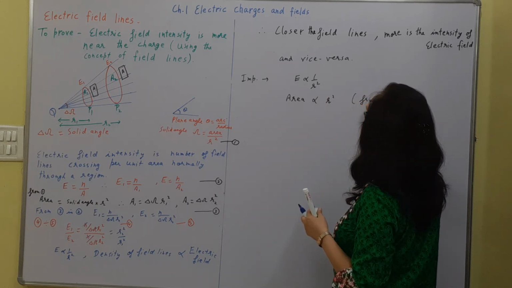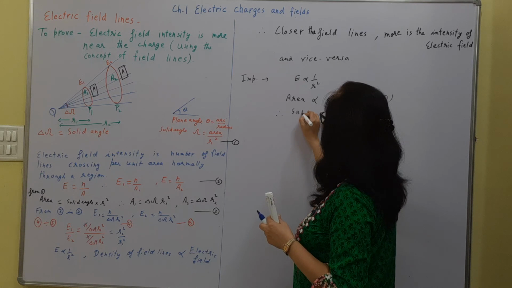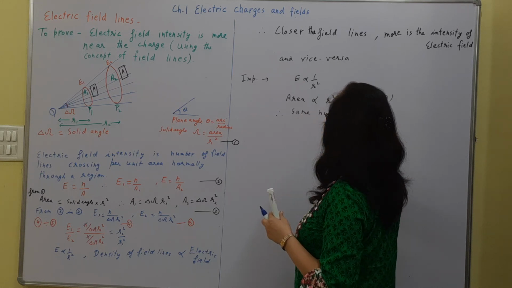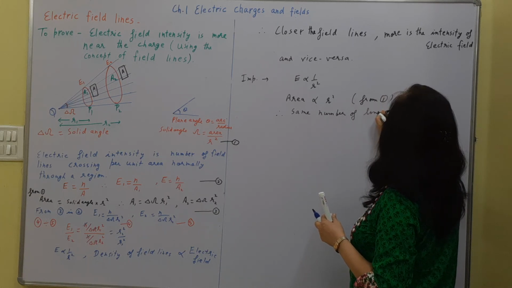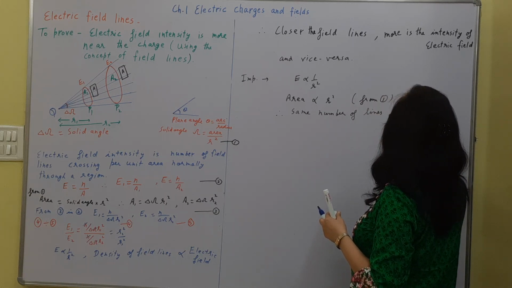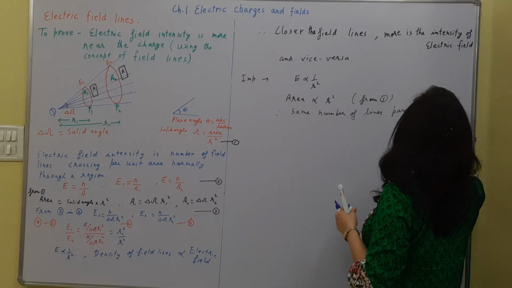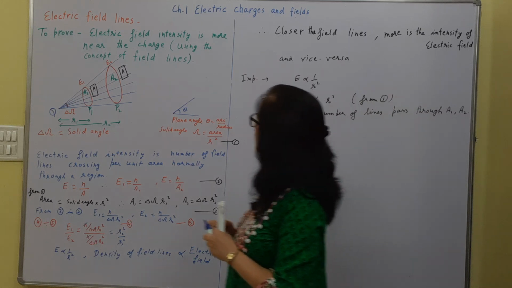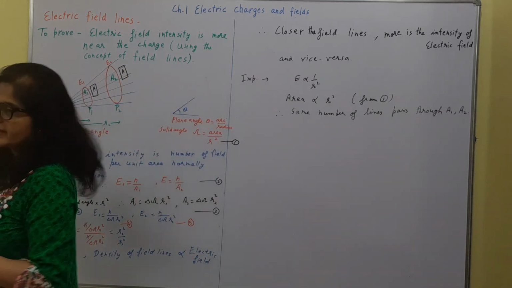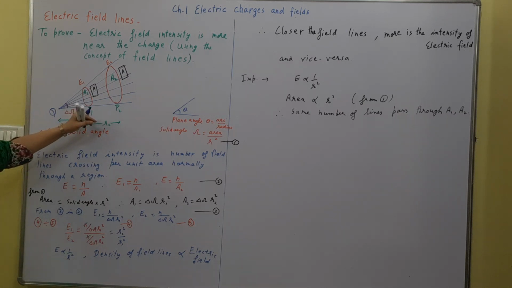This is from 1. Therefore, same number of lines pass through A1 and A2. So this was all about this proof that electric field intensity is more near the charge.